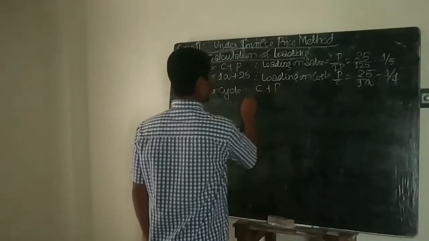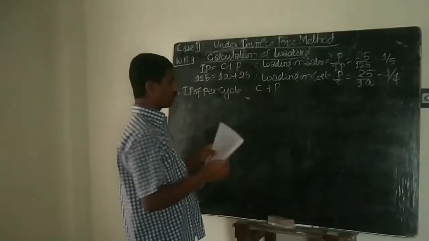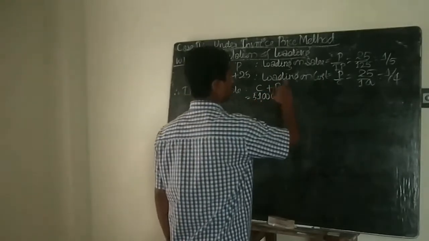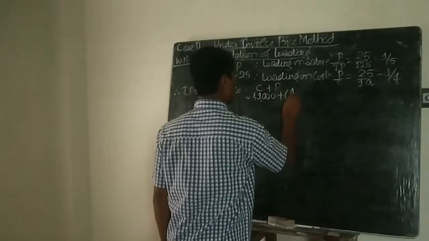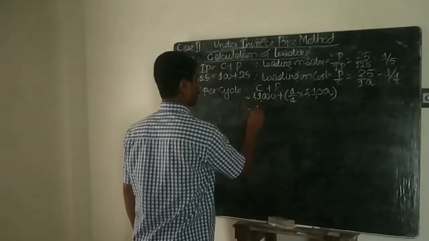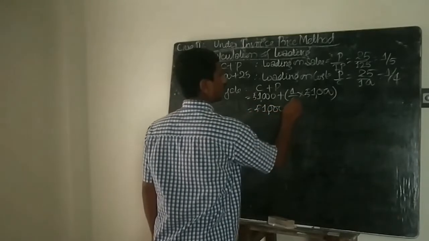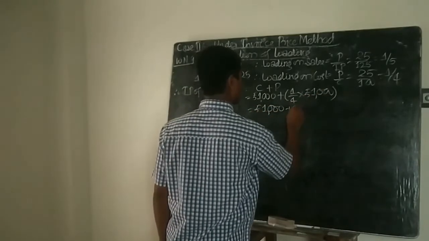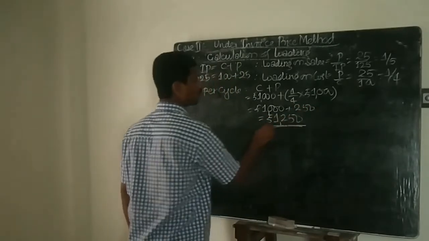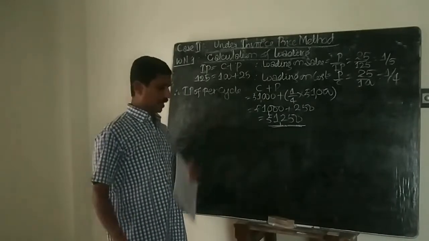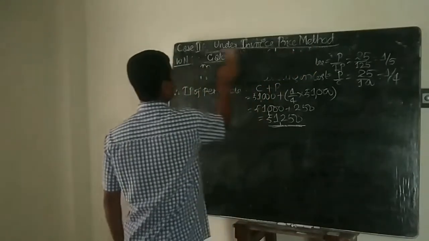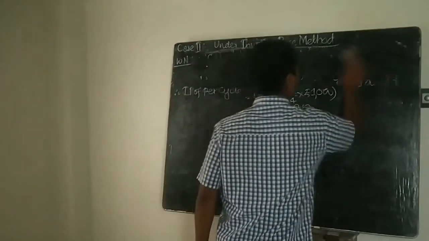That is C plus P. The cost is given as rupees 1,000, plus P. Here loading on cost will be 1/4, so 1/4 of rupees 1,000, that is 250. So 1,000 plus 250, 1,250 rupees is the invoice price per cycle. Now let's go for working note 2, where we need to make the valuation of the closing stock.